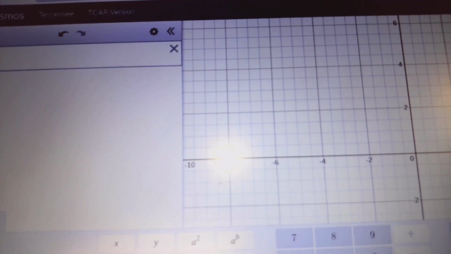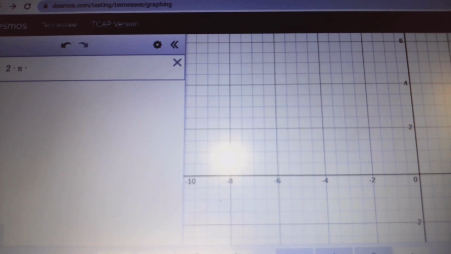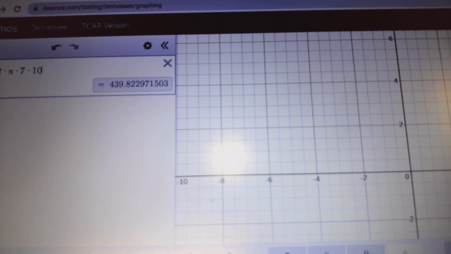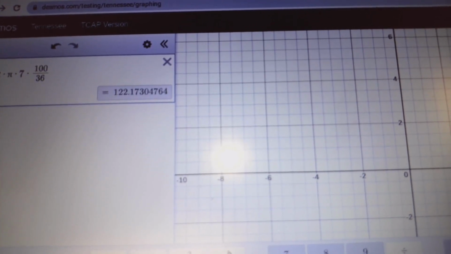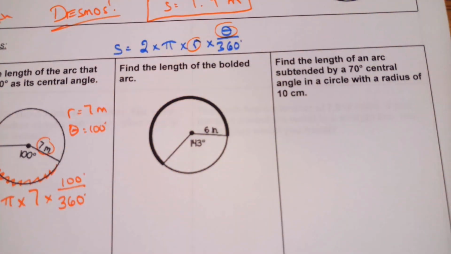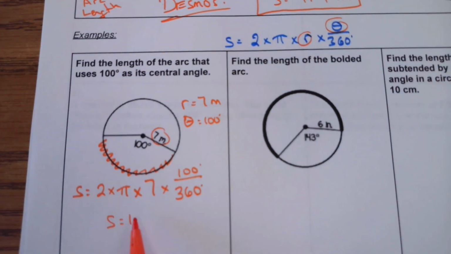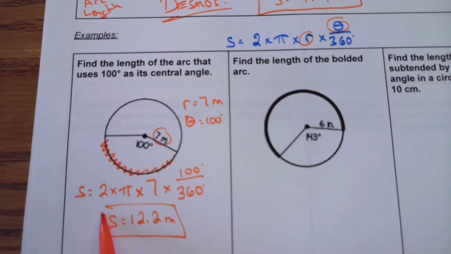So we have 2 times pi times 7 times 100 divided by 360. And I get 12.2. So here my arc length is equal to 12.2 meters.